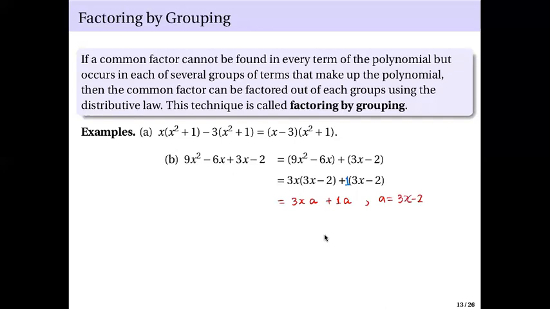Do you see that? And therefore, you can factor out the a, correct? That's your 3x plus 1 times a. Do not be confused. They are not separated. This negative 2 here is actually part of the group. Okay? Other questions?